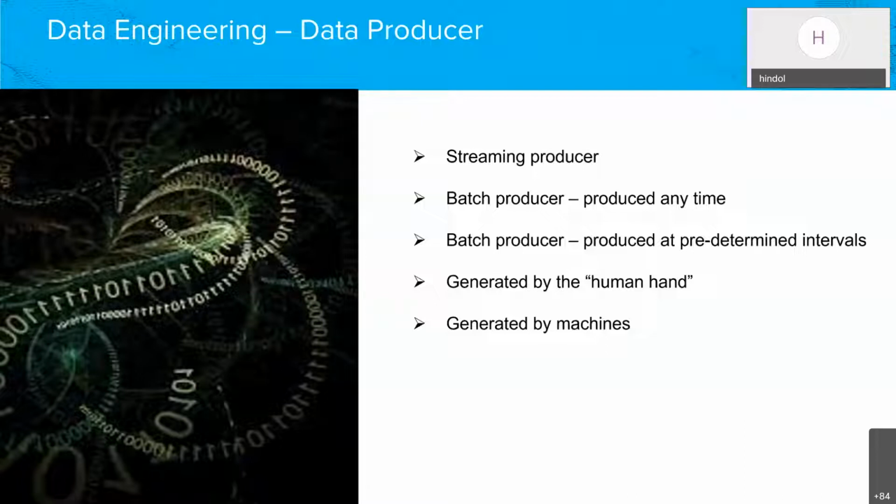So we need to understand cases where data is produced by human hands versus when it is produced by a machine. Data produced by a machine could be streaming data, like machines in factories, or it may be batch, but it is still produced by a machine. And data produced by machines is usually more accurate than data entered by a human being.